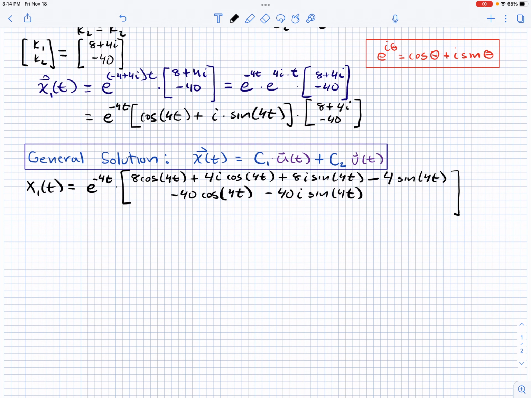We can split that up, and what we end up with is e to the negative 4t times 8 cos 4t minus 4 sine of 4t, and then negative 40 cosine of 4t on the bottom.